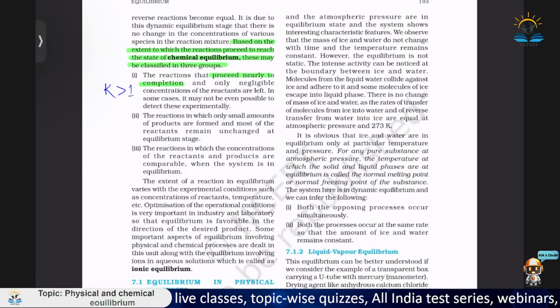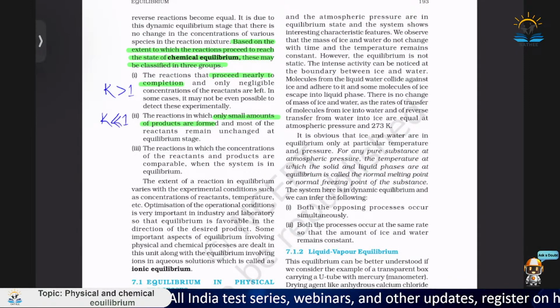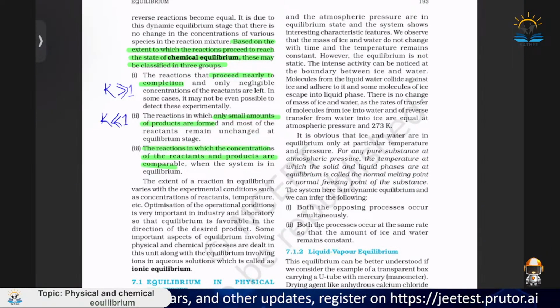Then there are reactions in which only small amounts of products are formed. For them K is much less than 1, and the previous one is much more than 1. Then reactions in which the concentrations of the reactants and products are comparable.